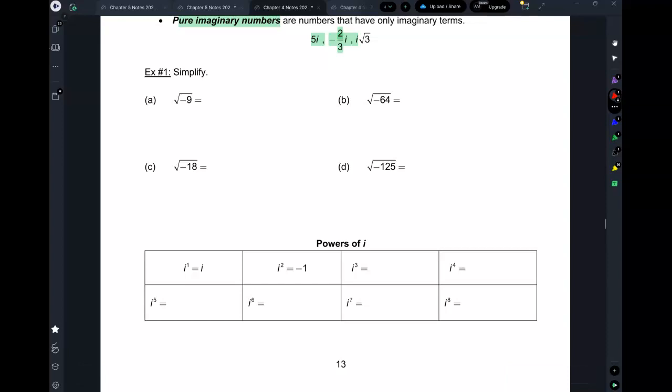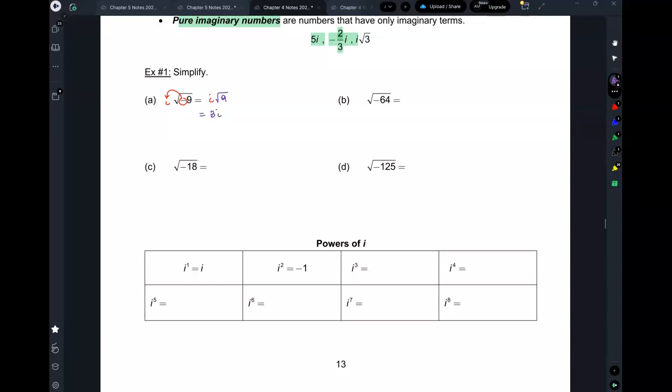Anytime you have a negative inside the square root, it comes out as an i. So this will be i root 9, and what's root 9? 3. So this will be 3 times i.